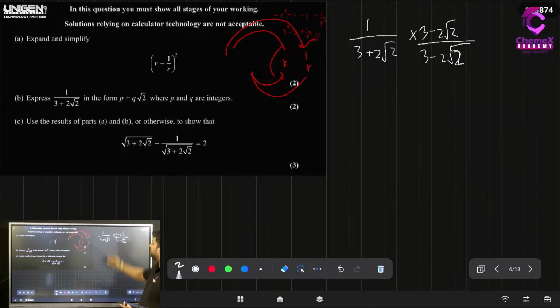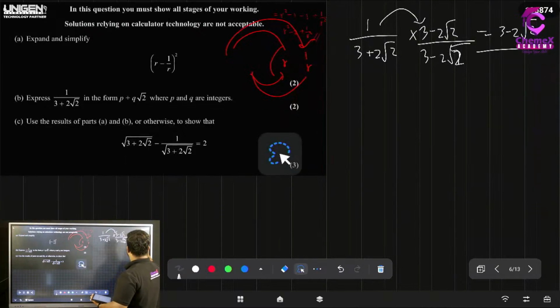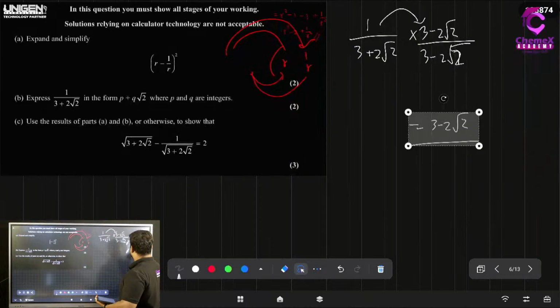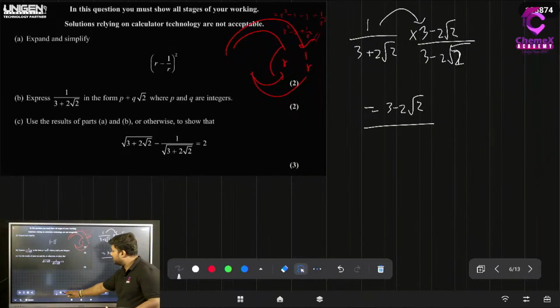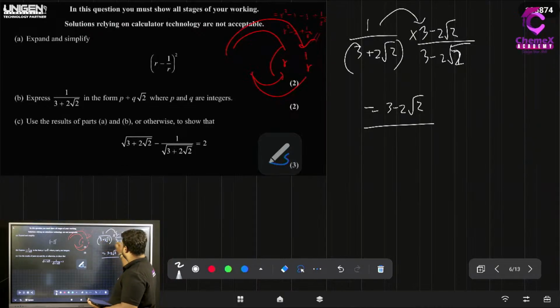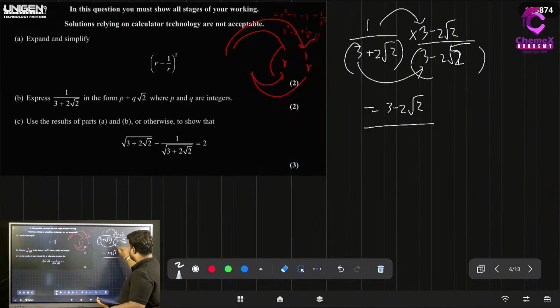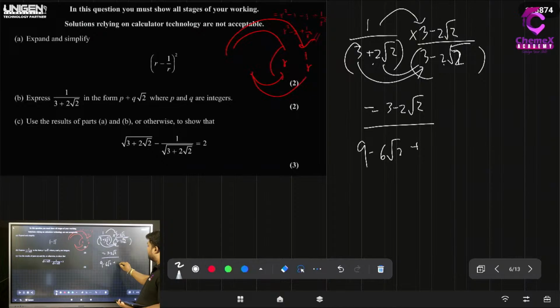So how do you multiply? 1 into this is the same thing, 3 minus 2 root 2 over, okay, let me write it down here because you can't see it, what do you get in the denominator? 3 into 3, 9. 3 into this, minus 6 root 2. 3 into this, plus 6 root 2. This into this, minus 4 root 4.